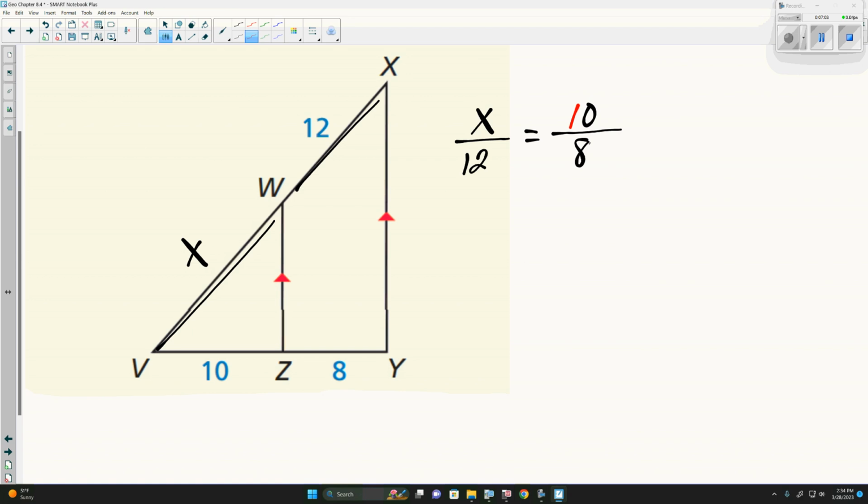So, what would we do next? Any questions on how we set this up first? So our next step would be to, exactly, multiply both sides by 12. Because here the 12 and 12 would cancel.